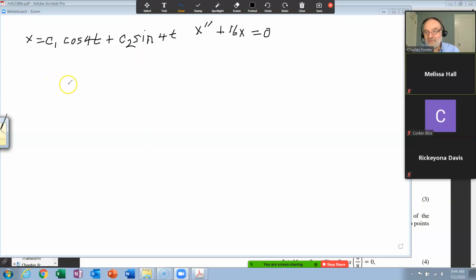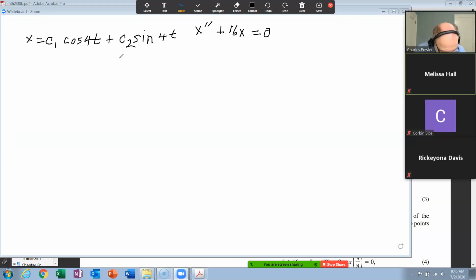The second derivative would be another 4 times that, so minus 16 C1 cosine 4t minus 16 C2 sine 4t. And when you do that double prime, which has 16s and minuses, plus 16 times x, yeah, you have exactly 0. So that does seem to be a solution.